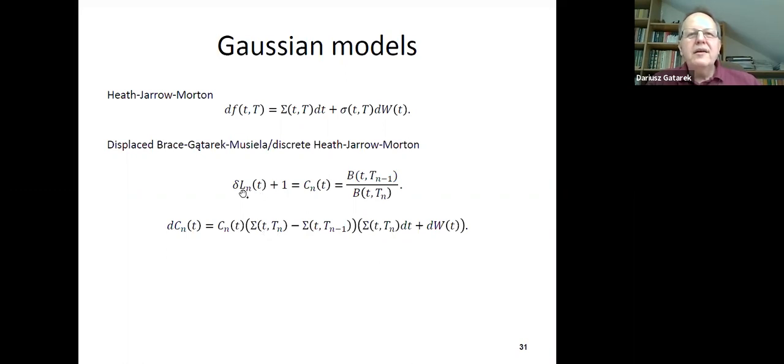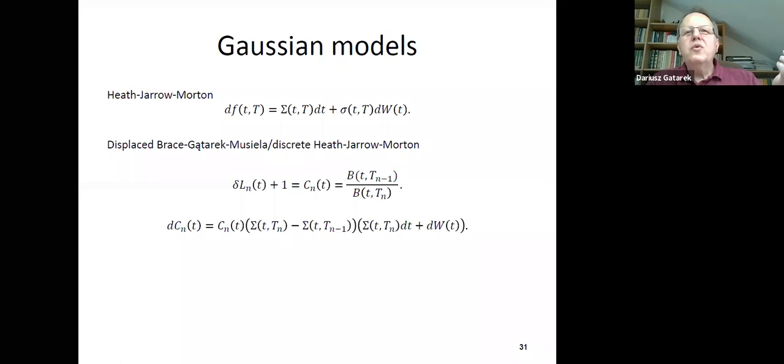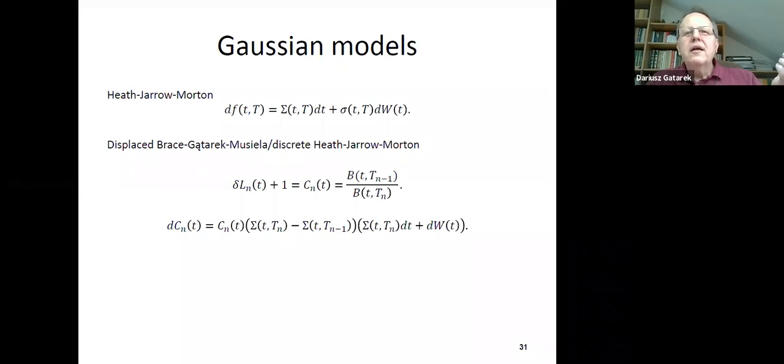And we've got dynamics for forward LIBORs, and we may use all the forward measure machinery to get option prices. But that's not all.